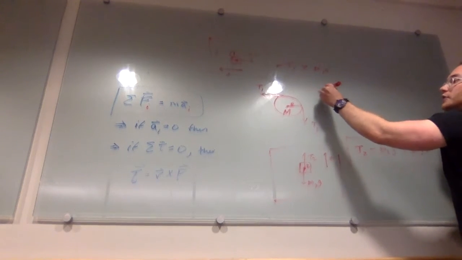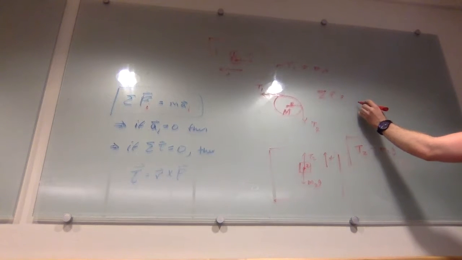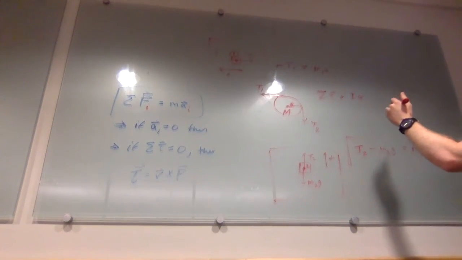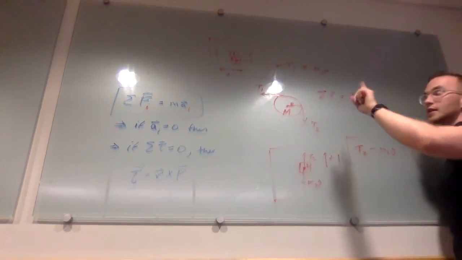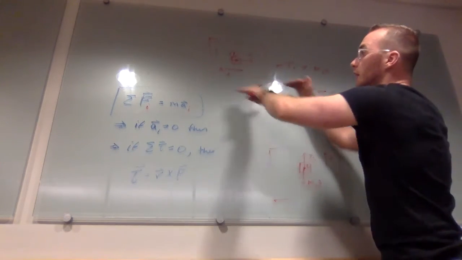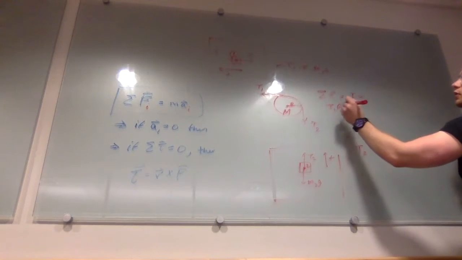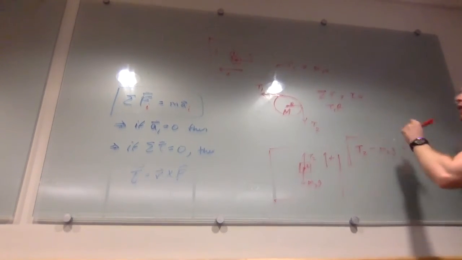Now we want to talk about how the sum of the torques on this is going to be I alpha, right? And so the sum of the torques is going to be, well, I'll call this positive because it wants to pull things in this direction: T1R. That's positive because it goes in the same direction as that.